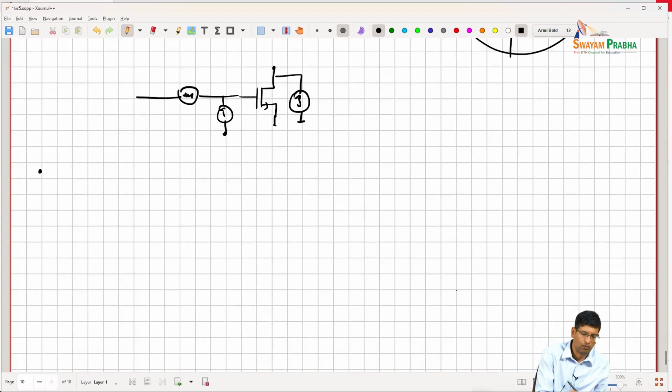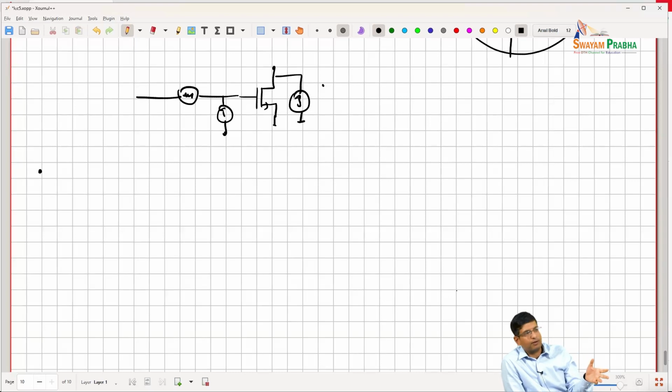What you can show though is that if you take just a single device and you try to find the optimum noise match, typically the transistor wants to see some source impedance that is higher than 50 ohms, right? But we are constrained to systems where we are designing with antennas that are 50 ohms.